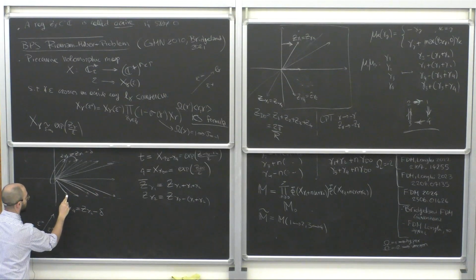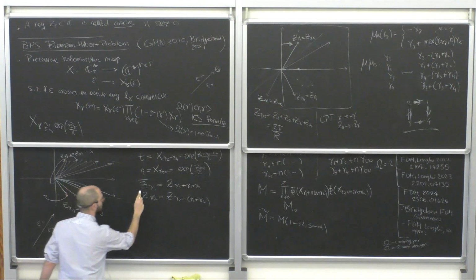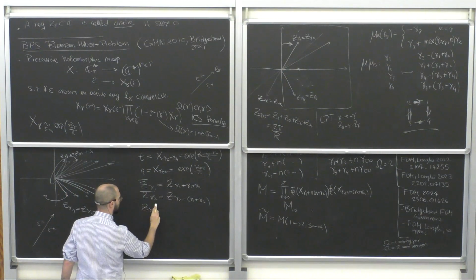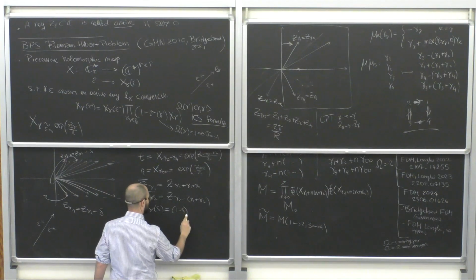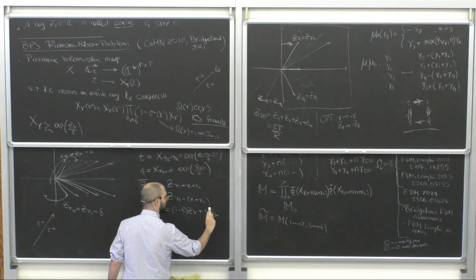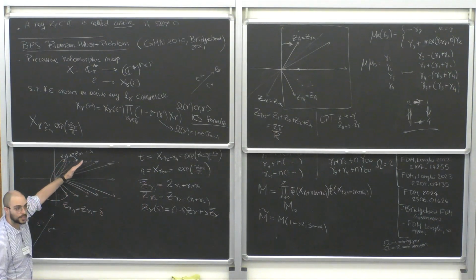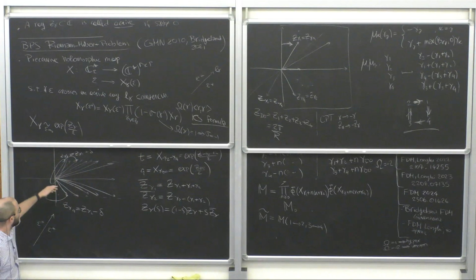In general Z gamma of S, I define to be 1 minus S Z gamma plus S Z gamma bar. So I'm continuously deforming these central charges like this. I'm fixing epsilon, and I'm assuming that the phase of epsilon is somewhere around here.